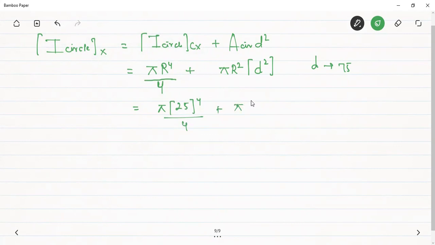This will be equal to pi, the radius is equal to 25, and the square of the distance between them, that is 75.